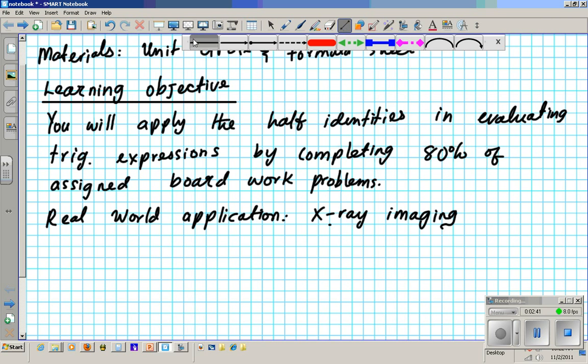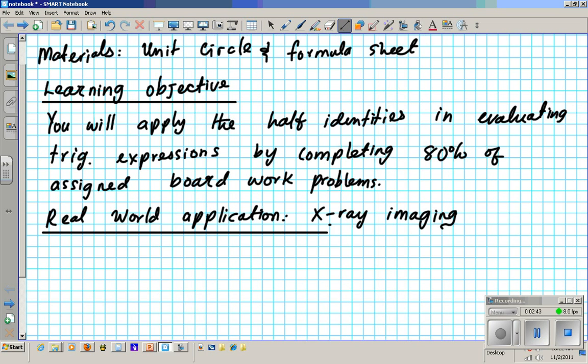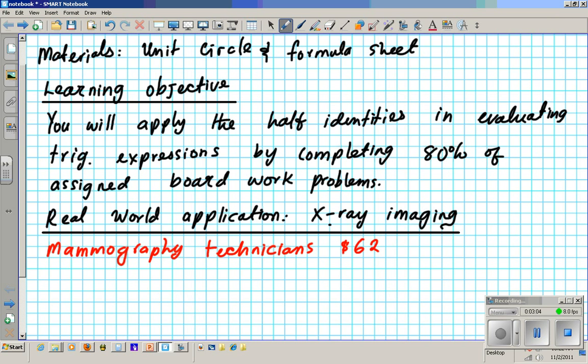Mammography technicians use this, and they make an average salary of about $62,000 a year. So if you want to help fight cancer, you can go into this field, which is a very good field.